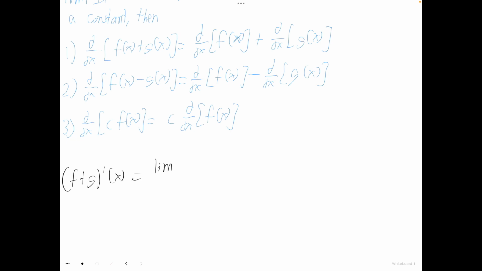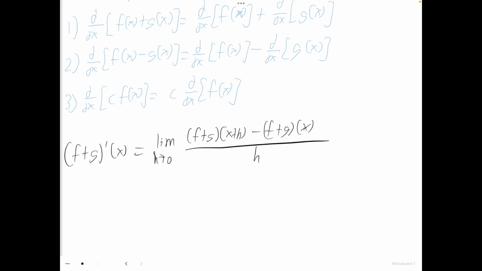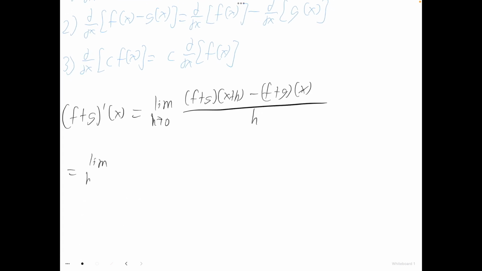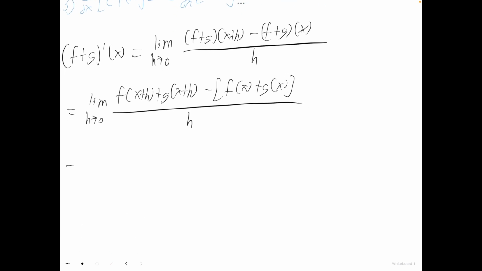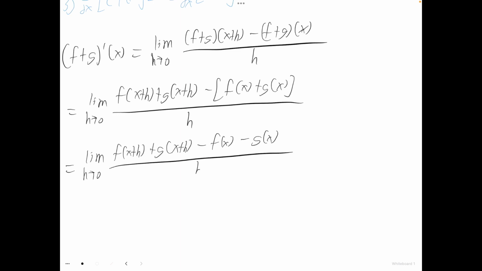This would be the limit as h goes to 0 of f plus g evaluated at x plus h minus f plus g evaluated at x divided by h, which is the limit as h goes to 0 of f of x plus h plus g of x plus h, minus f of x plus g of x, all divided by h, which equals the limit as h goes to 0 of f of x plus h plus g of x plus h minus f of x minus g of x, all divided by h.